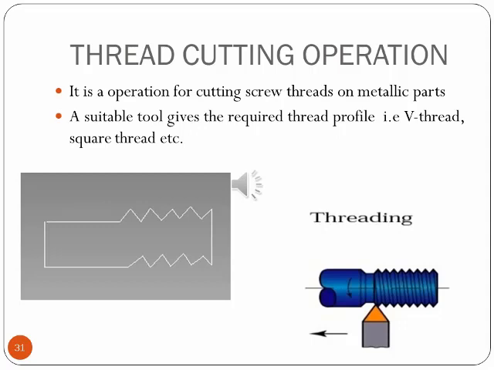As you can see here, you will get the desired threads just like you get on the surface of the screws, etc. So thread cutting on lathe is a process that produces a helical ridge of uniform section on the workpiece, and it is performed by taking successive cuts with the threading tool with the same shape as the thread form that is required.